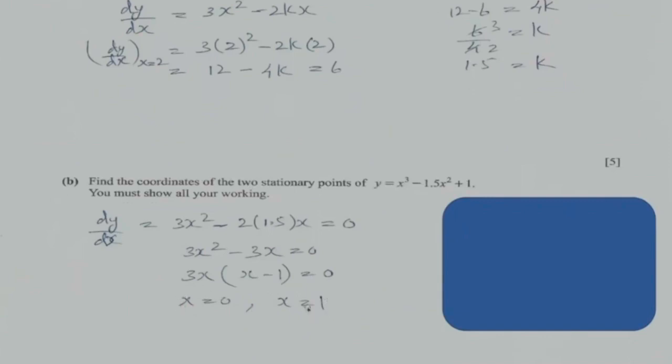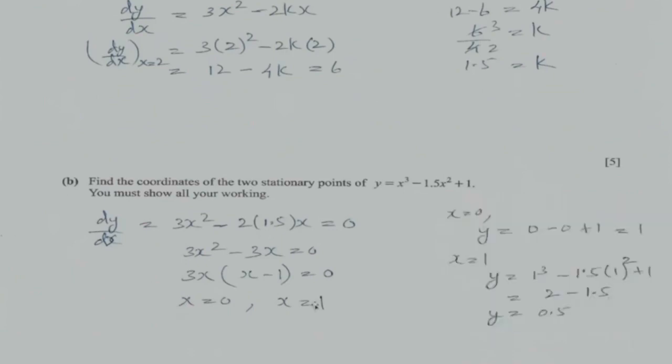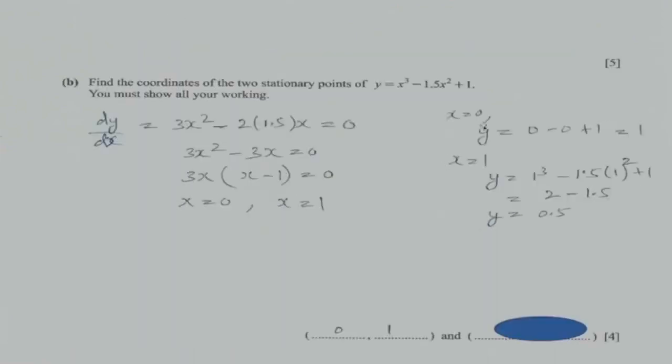So x has two values. Then we have to calculate y from this. When x equals 0, y is 0 minus 0 plus 1, which is 1. When x equals 1, y is 1 minus 1.5 plus 1, so y equals 0.5. So when x equals 0, y equals 1, and when x equals 1, y equals 0.5.